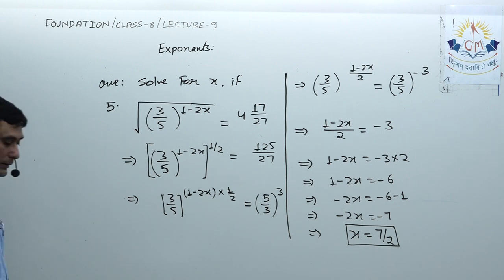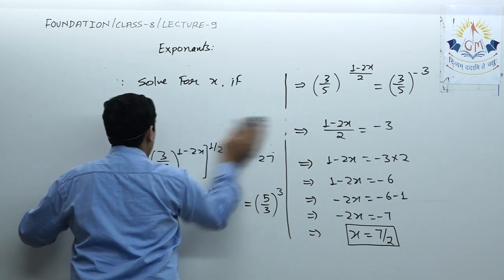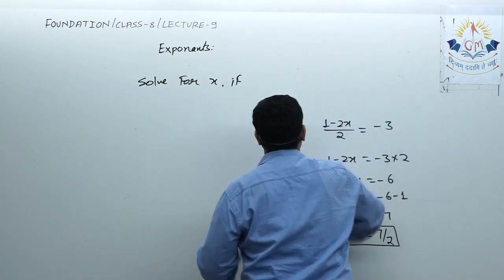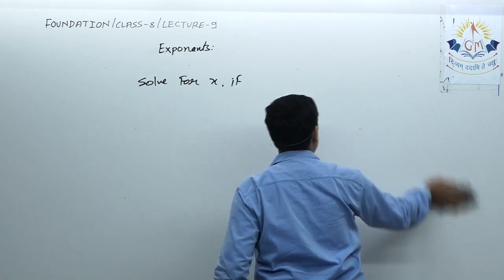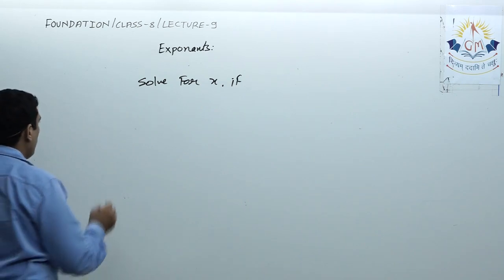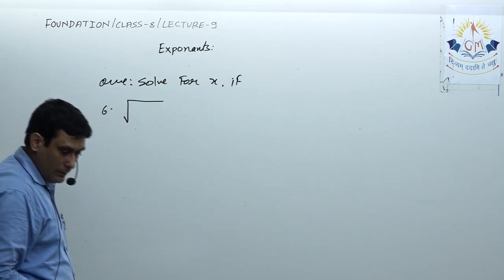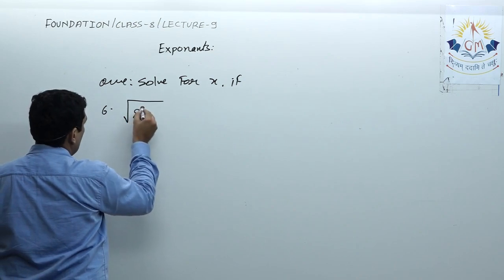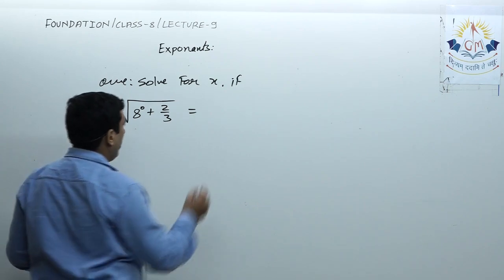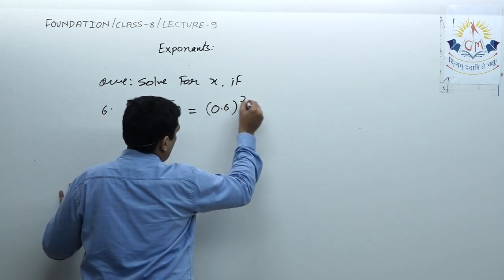Okay, so now let us see the next question. Question number 6: square root of 8 raised to 0 plus 2 by 3 is equal to 0.6 raised to 2 - 3x.